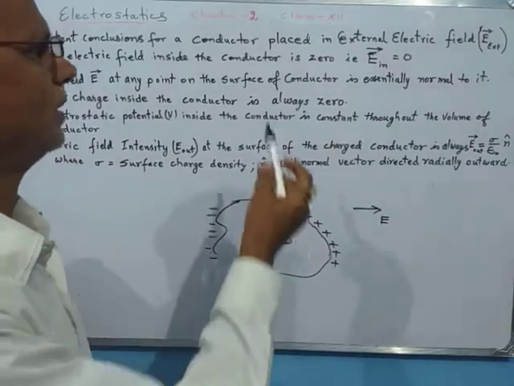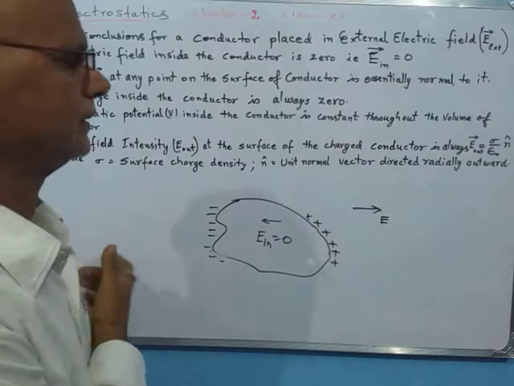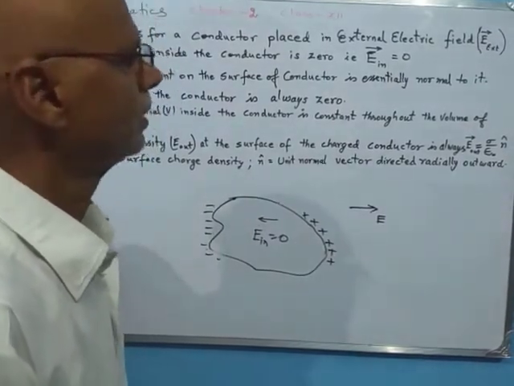So this is how we come to the conclusion that the net electric field inside the conductor is 0.